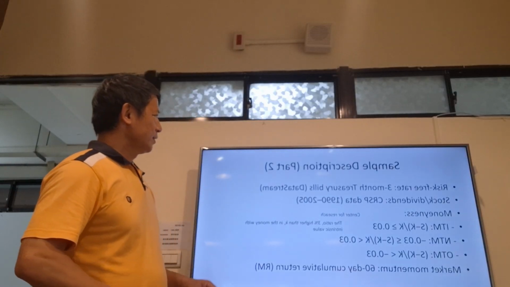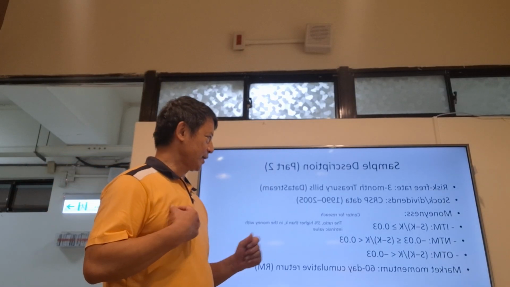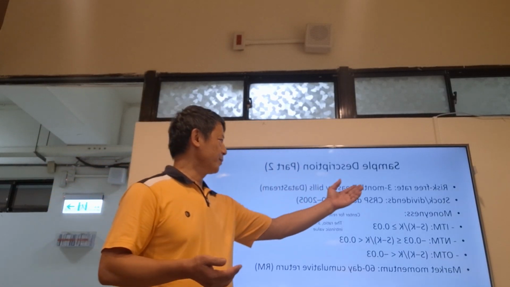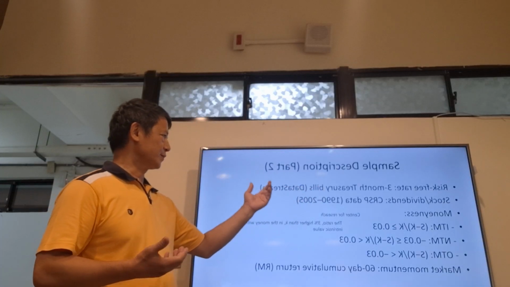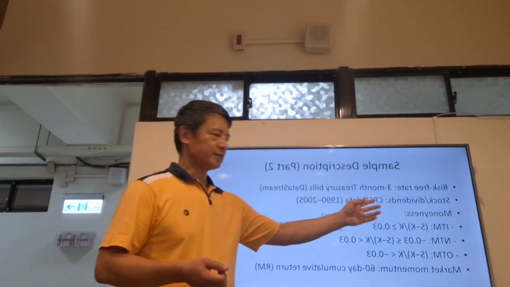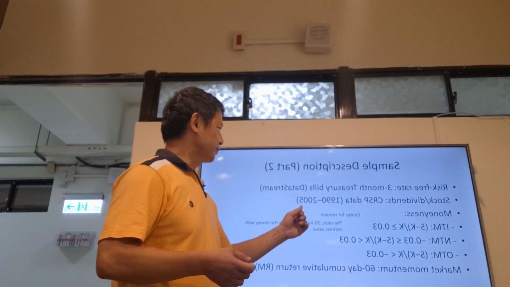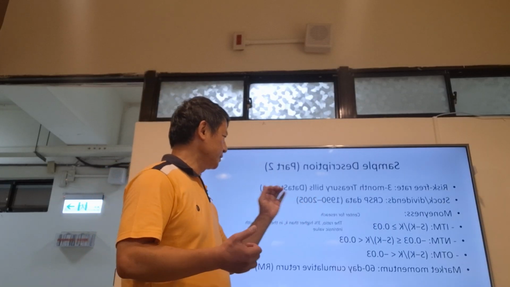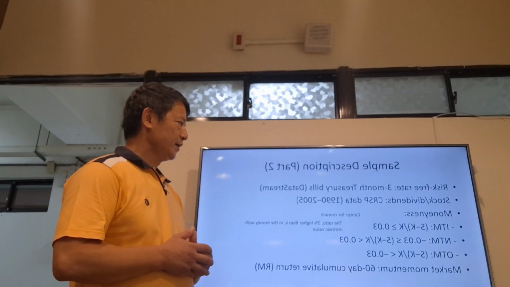The simple description part two is that we use the risk-free rate, 3-month treasury bills, from Datastream, and the stock and dividends CRSP data ranging from 1990 to 2005.